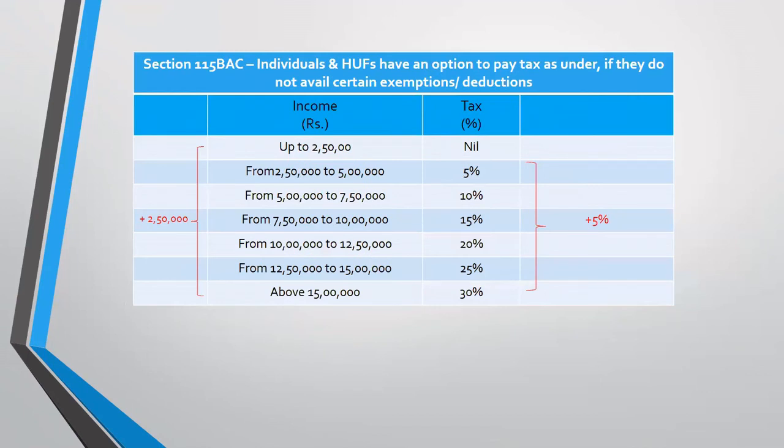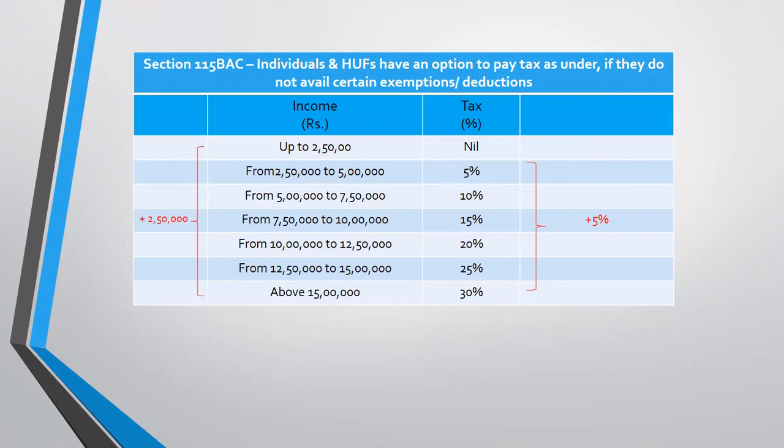Now, under section 115 BAC, this is a newly introduced section and is applicable from this assessment year 2021 to 2022, wherein the individuals and HUFs have an option to pay the tax under section 115 BAC, provided they do not avail of certain exemptions and deductions.